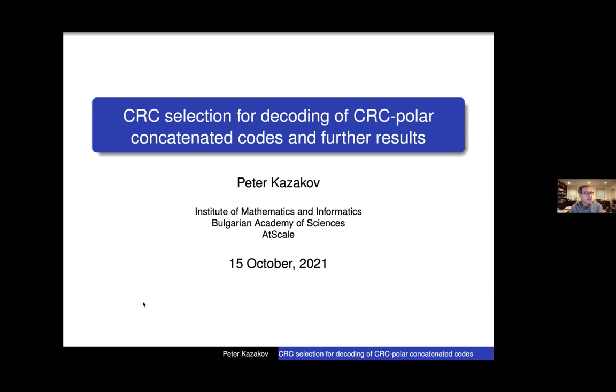Peter received his master's in mathematics from Sofia University in Bulgaria and his PhD from the Technical University of Delft. His PhD thesis is in the area of CRCs and spherical codes, so he's really the right person to talk to us about CRCs.